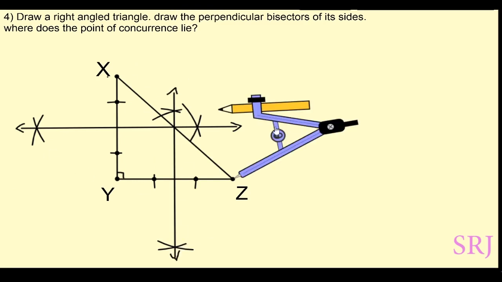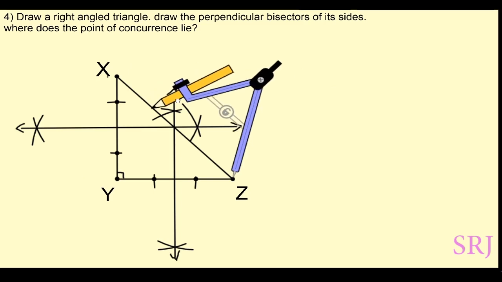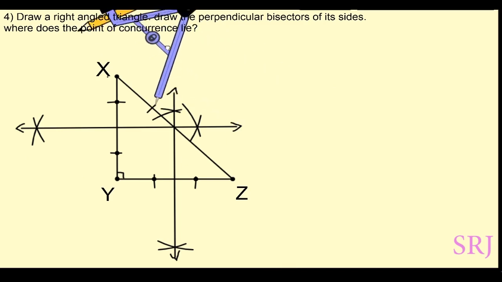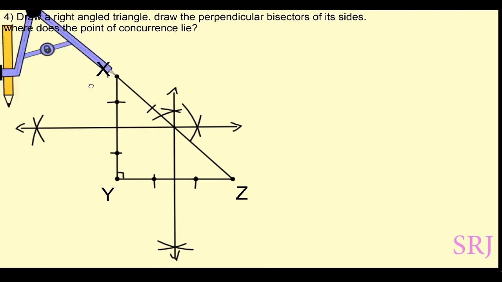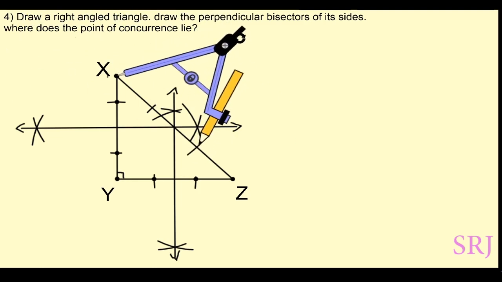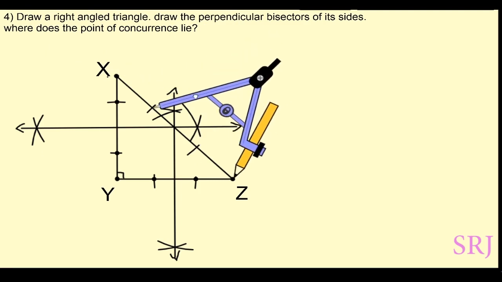Similarly, place the steel head of the compass on point Z, set the compass and draw an arc on line XZ. Shift the compass head to point X with the same radius and draw another arc on line XZ.